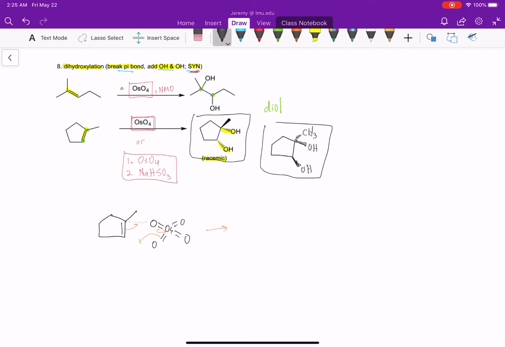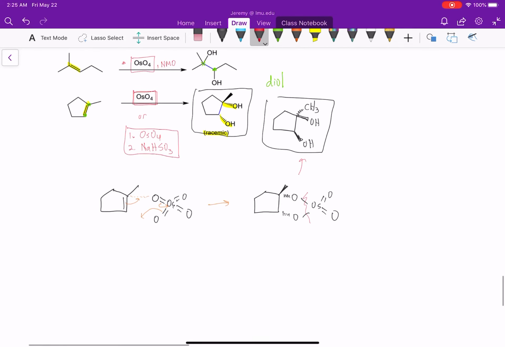So this was originally one of the mechanisms thought to occur, where you add the O's at the same time, and then you're connected to both oxygens at once, and then essentially the O-osmium bonds would break to get your final product. So historically, people thought that was the actual mechanism.